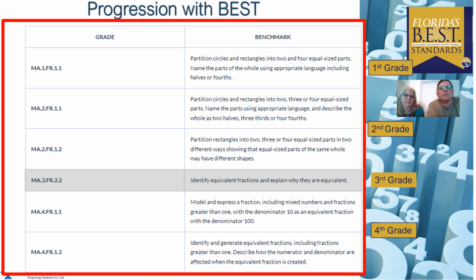Formal instruction with fractions begins at first grade, where they're partitioning circles and rectangles into 2 and 4 equal sized pieces, moving into second with thirds, fraction notation, and equivalency begins in grade 3. Here we're focusing on equivalency, and then it moves further into more complicated ideas in grades 4 and 5.